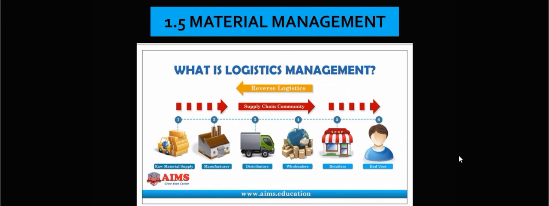They will spread the message to other people, their colleagues, by word of mouth. Hey, use JNT service, use Pos Logistics service, because their service is good. They respond to our query, they entertain our complaints, they deliver the product safely, and we are very satisfied and will continue using their service. So that is from the perspective of forward logistics.